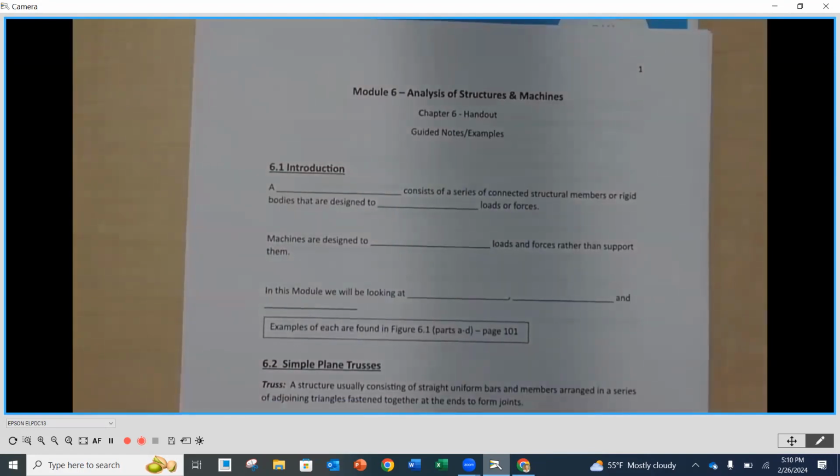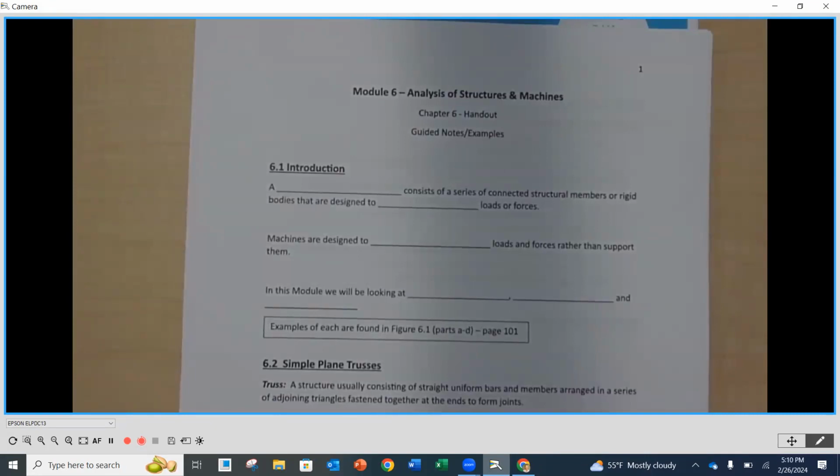Module 6 is about analysis of structures and machines. And most specifically, the structures we're talking about are going to be trusses and frames. At the beginning here, it says a blank consists of a series of connected structural members or rigid bodies that are designed to blank loads and forces.